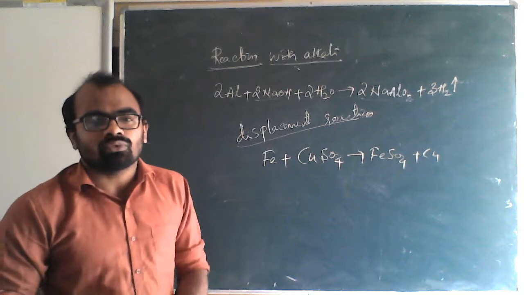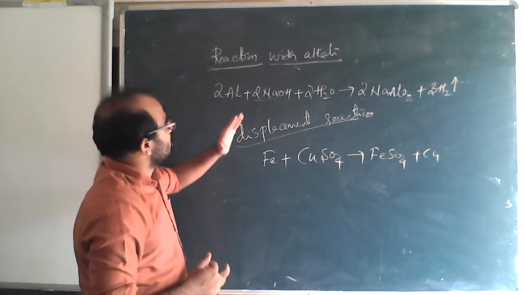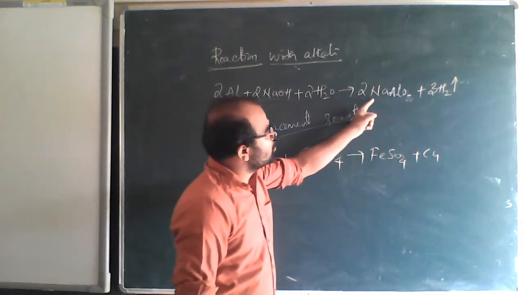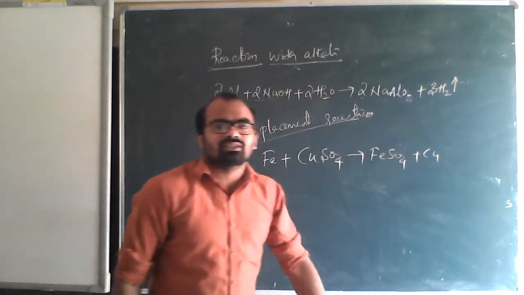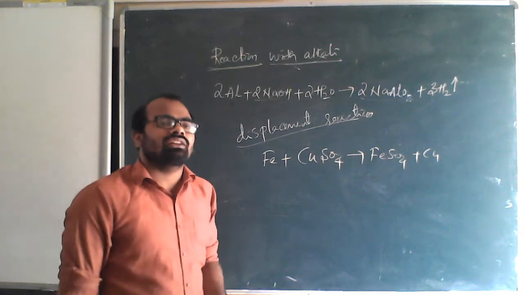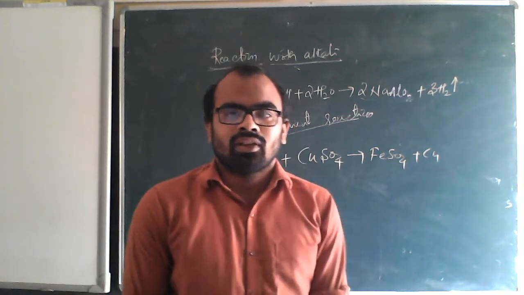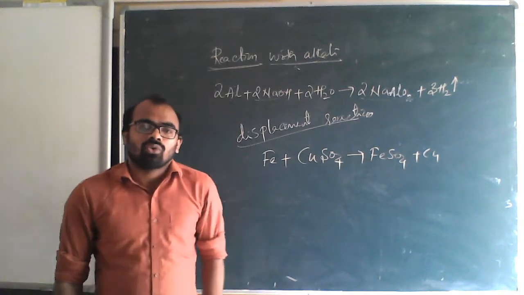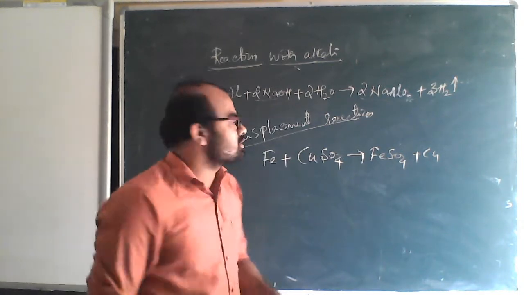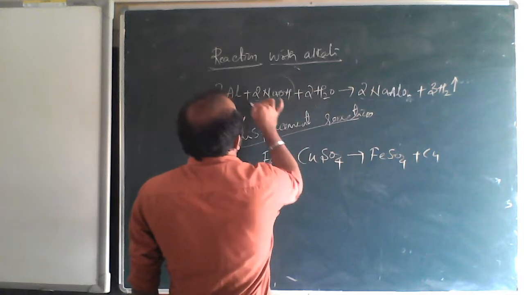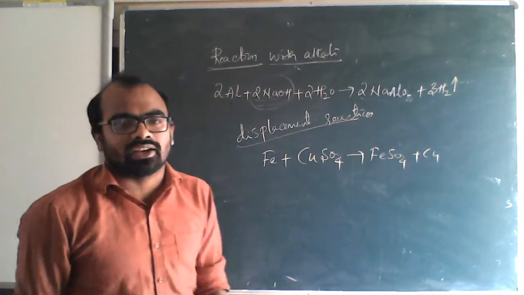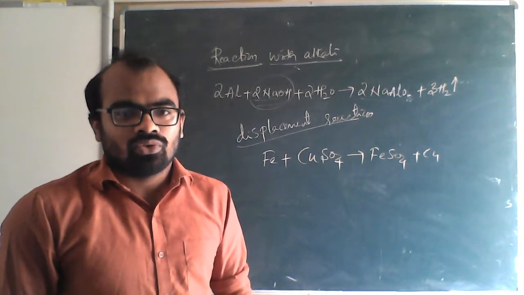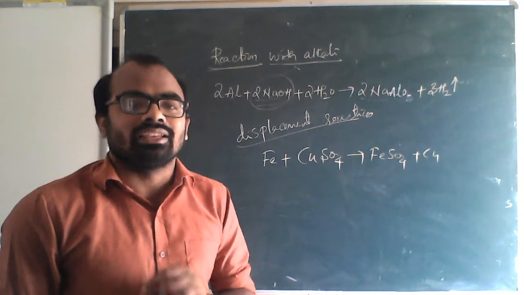Okay. See what happens. 2Al plus 2NaOH plus 2H2O will give me 2NaAlO2 plus 3H2. So alkalis are nothing but hydroxides. Metal hydroxides are called alkali. NaOH is sodium hydroxide, so this is called alkali.